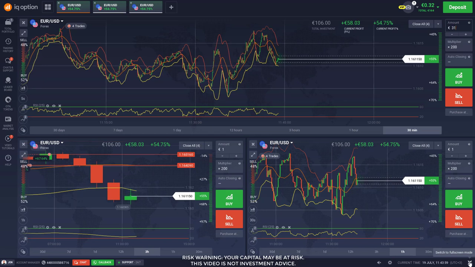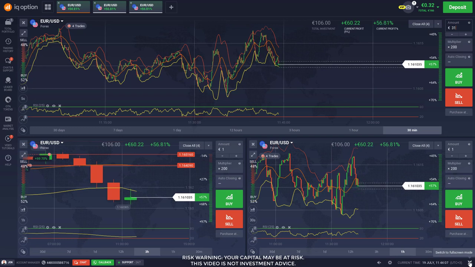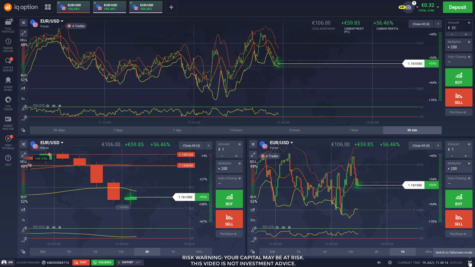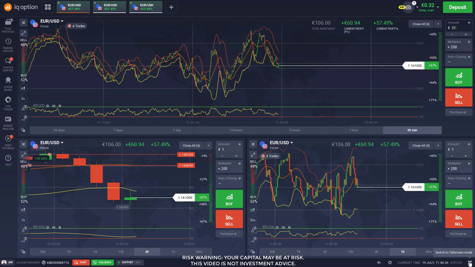So it was another chance I could close it around 55%. But see, it is still coming down. And then you also have to look at the 30 seconds RSI.